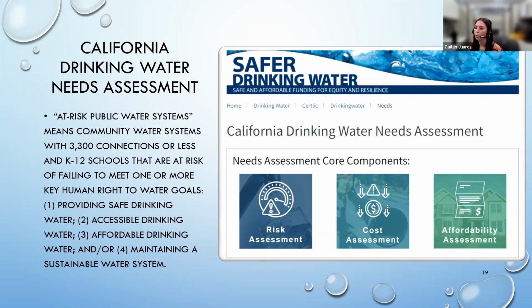That is 1, providing safe drinking water, 2, accessible drinking water, 3, affordable drinking water, or 4, maintaining a sustainable water system. So in order to find out if the system is actually at risk, we'll have to reference that needs assessment to make sure that they're included. The 2022 needs assessment identifies roughly 400 public water systems that are considered at risk of failing to provide a sufficient amount of safe and affordable drinking water.